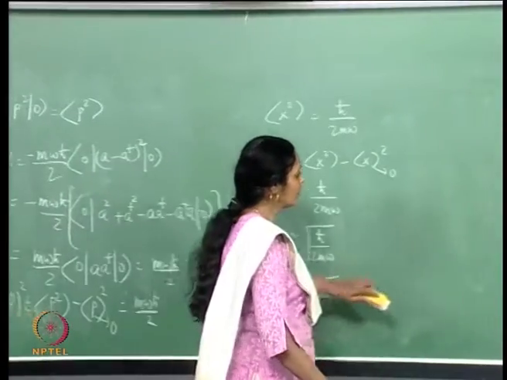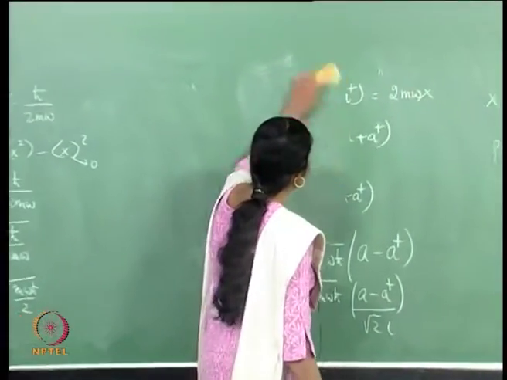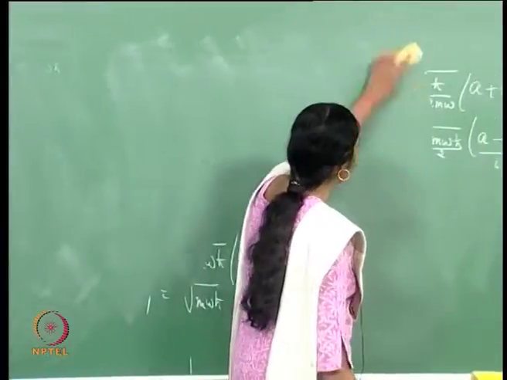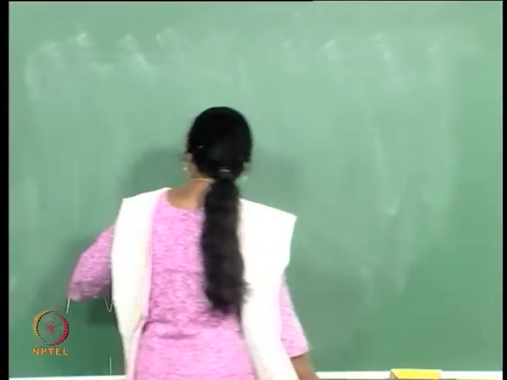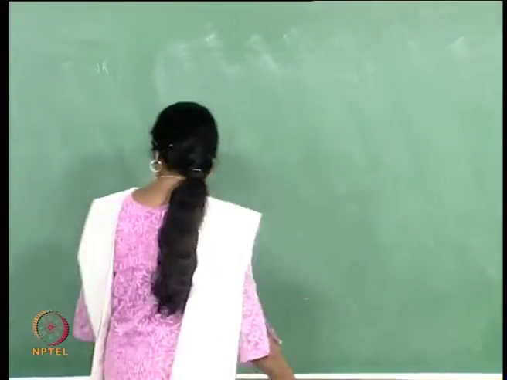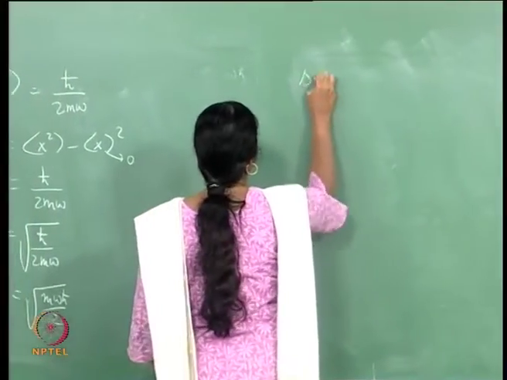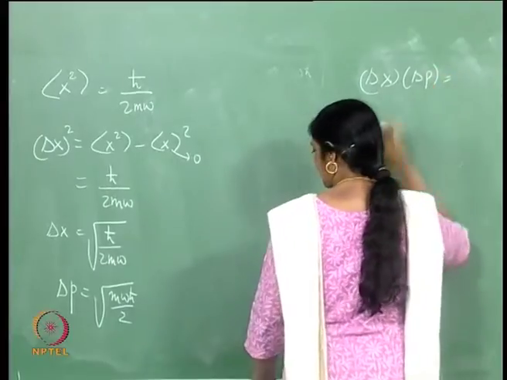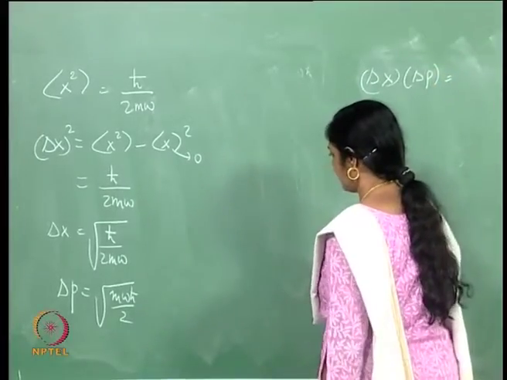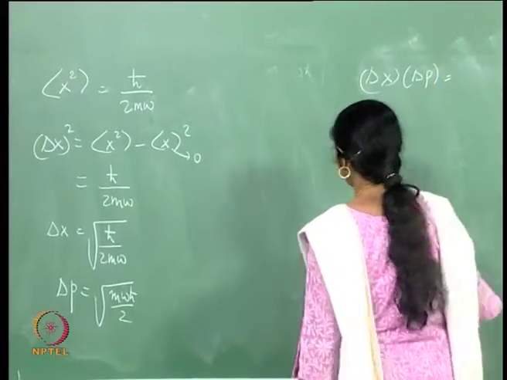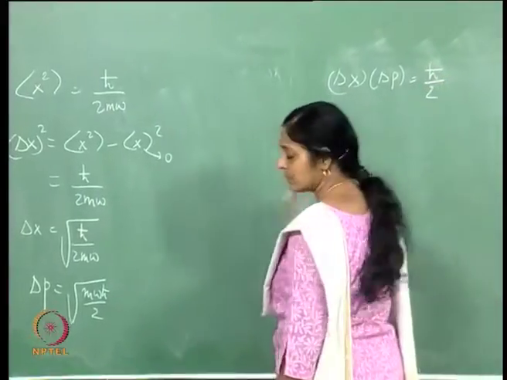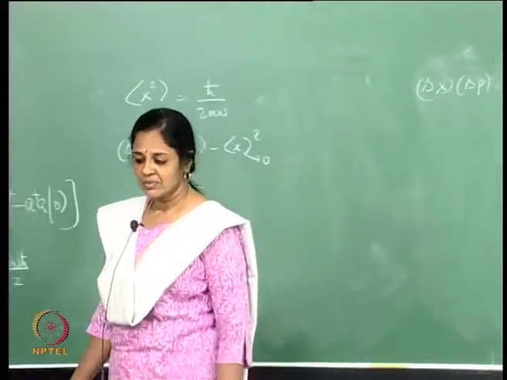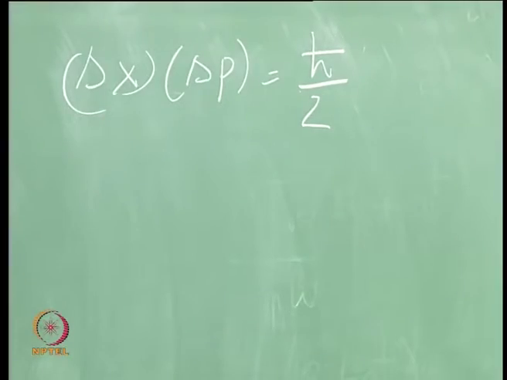Therefore, the product delta x delta p in the ground state of the oscillator, it is very clear what it is. It is a minimum uncertainty state.